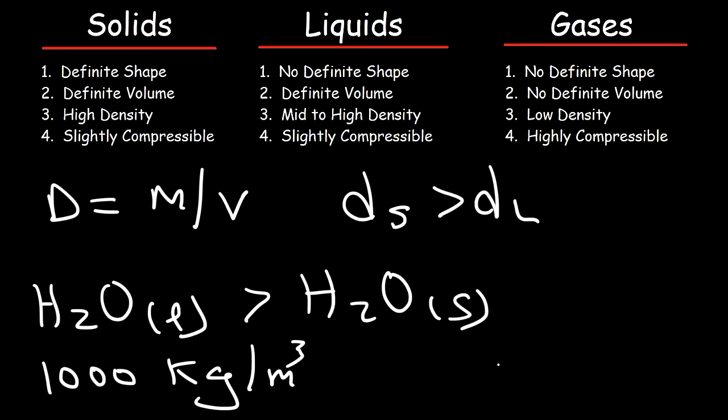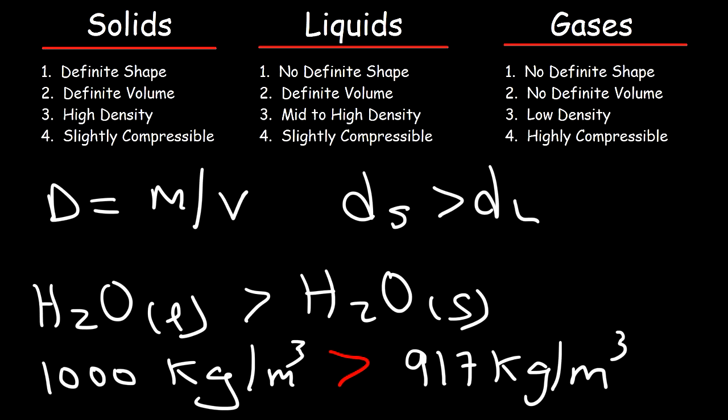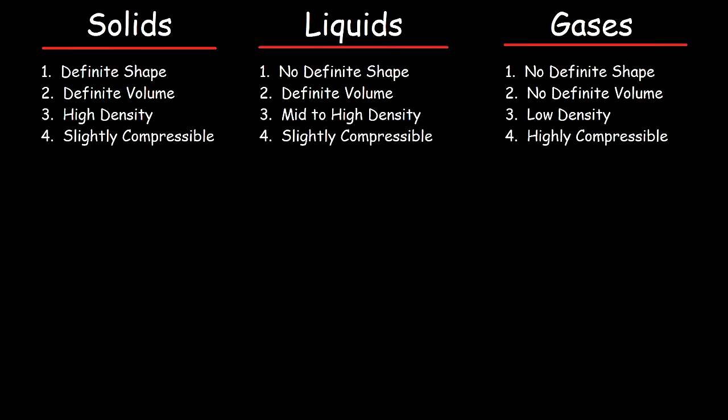And the density of ice, I should say, is 917 kilograms per cubic meter. So the density of liquid water is greater than ice. And so that's one of the rare exceptions, but generally speaking, solids usually have a higher density than liquids, and gases have a very low density.